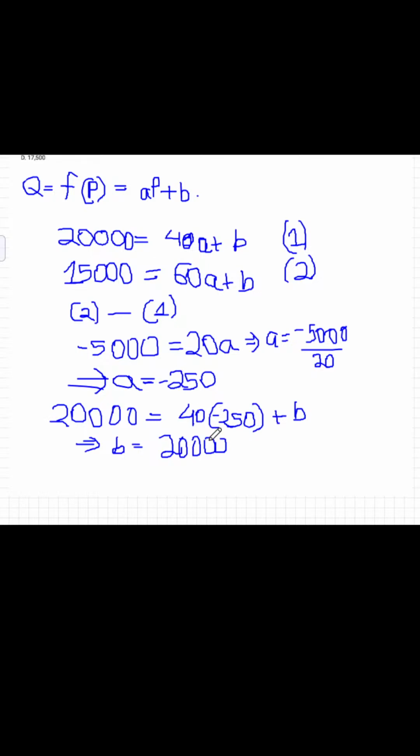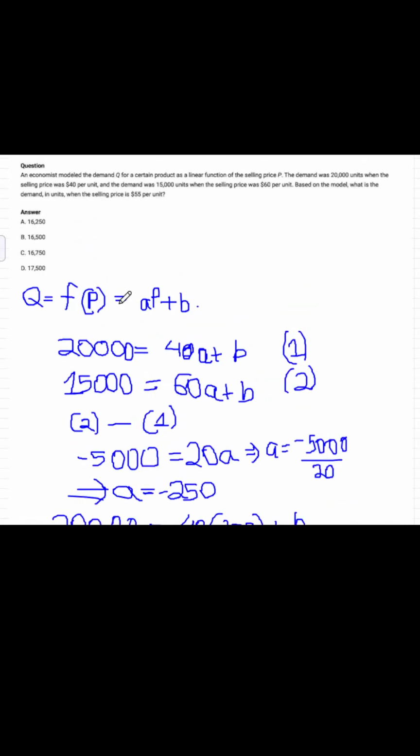It will go to this side and become plus 10,000, which will be 30,000. Okay, so B is 30,000, A is minus 250.